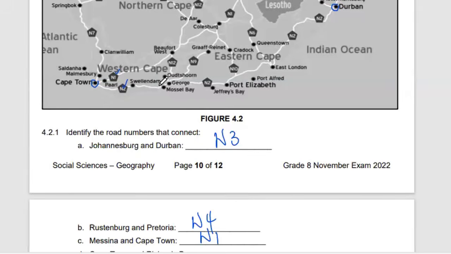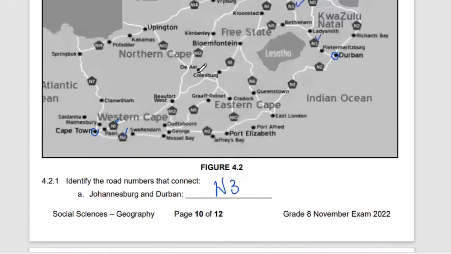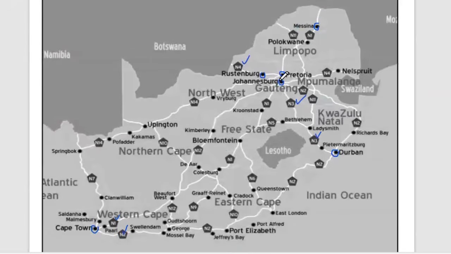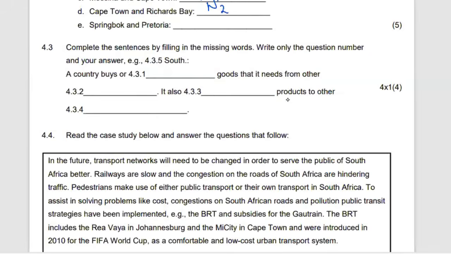So it's the N2. Springbok and Pretoria. Pretoria is there. Springbok and Pretoria are connected by the N14, National Road number 14. Right.